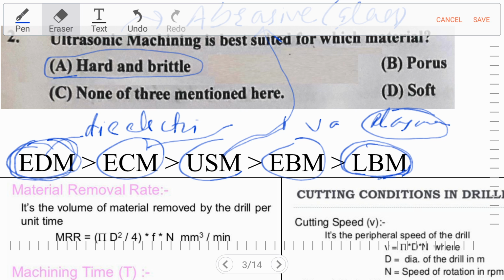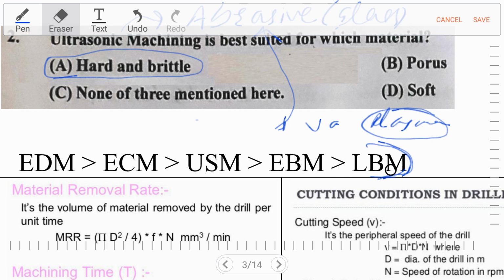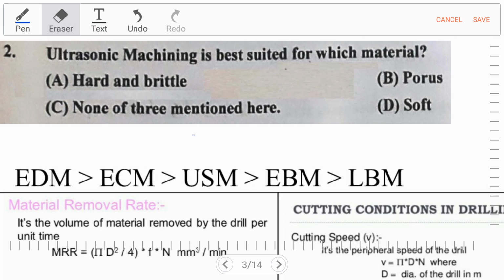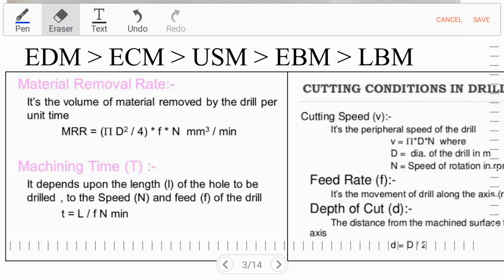So let's discuss the material removal rate in the drilling process and turning process, which is very important from the exam point of view, for short numerical questions, etc. Material removal rate in drilling: the equation is pi by 4 D square, or pi r square, into F into N mm³ per minute.